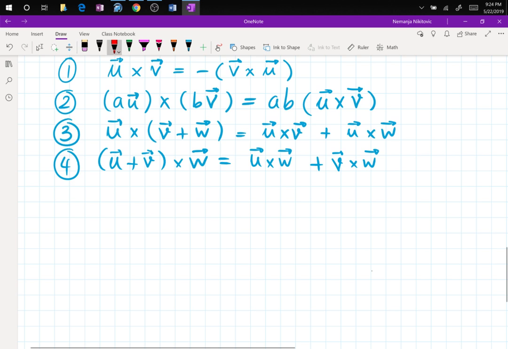What happens is when you take the cross product of two vectors in space, whatever those vectors, so I have these two vectors in space. When I do the cross product of these two, I am going to get a vector that is perpendicular or orthogonal to the plane that these two vectors create.